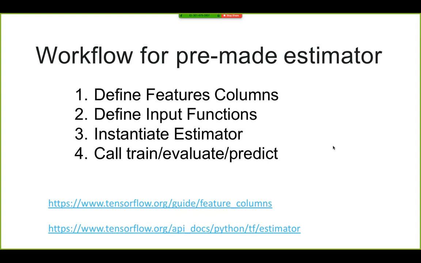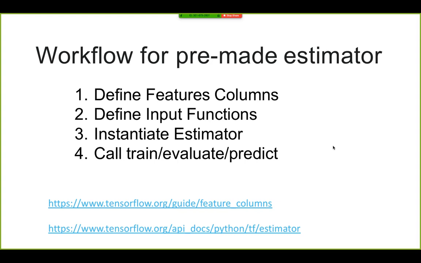We identify the variables first, but we also use an API called feature columns. Feature columns make the data into a format that TF estimator can understand. So it is a bridge between TF estimator and the raw data.